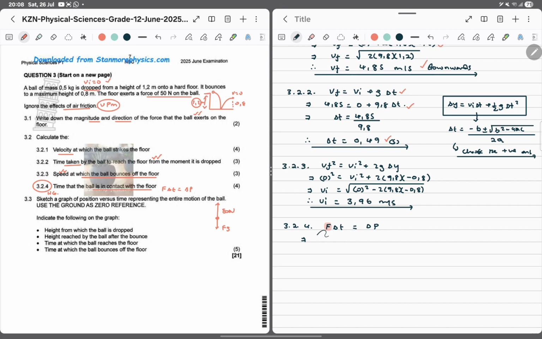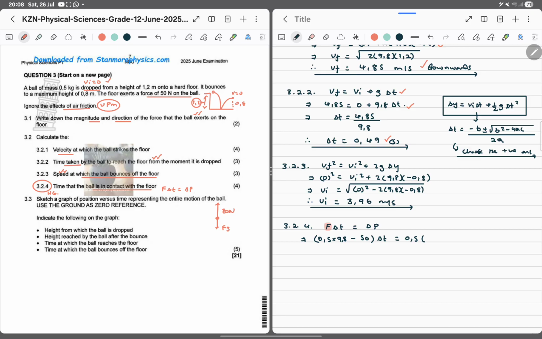So we will know that if we chose down as positive mg, this is 0.5 times 9.8 minus the 50 newtons. Okay, we don't need the unit. Times the delta t is equal to the change in momentum, which is going to be the mass into the final velocity.